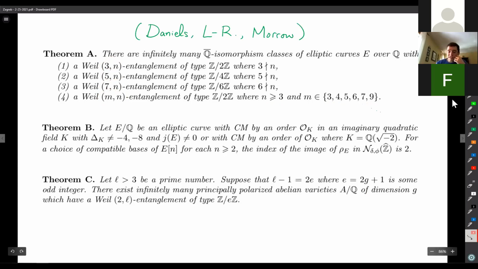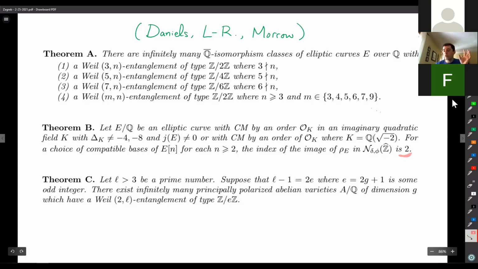We also have some theorem about the image in the complex multiplication case. We actually show that the adelic image in the normalizer that I wrote before, it turns out to be index 2 in the normalizer. This, again, the image being in here already captures what I call the CM entanglement.